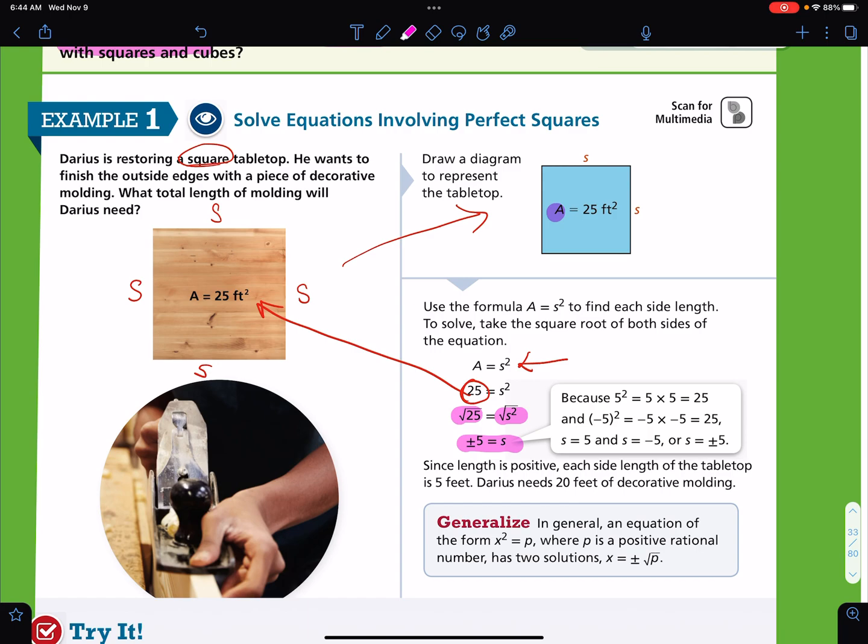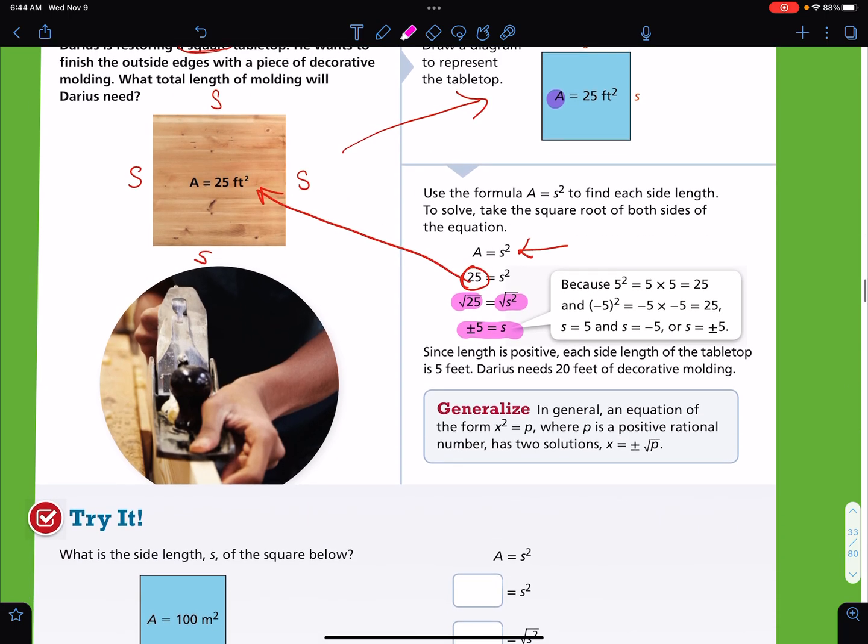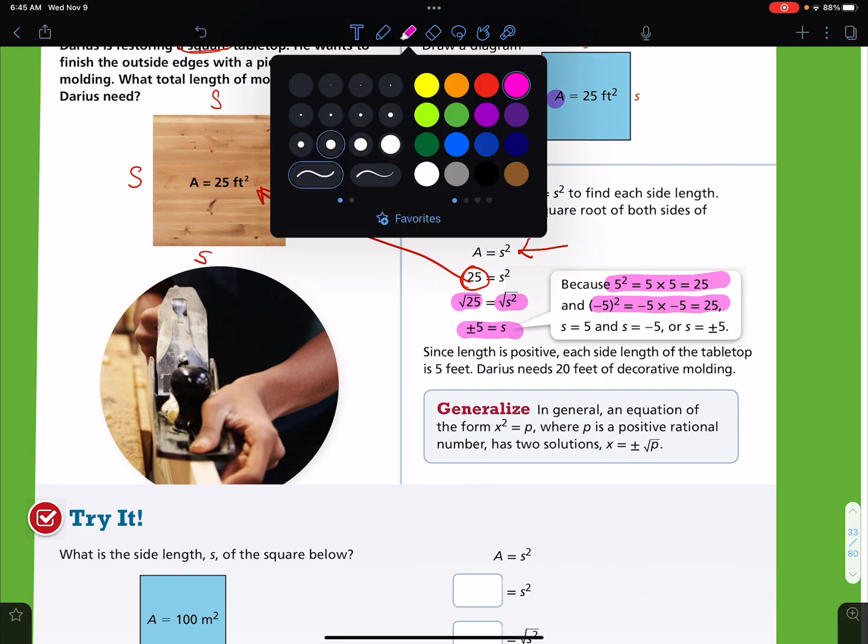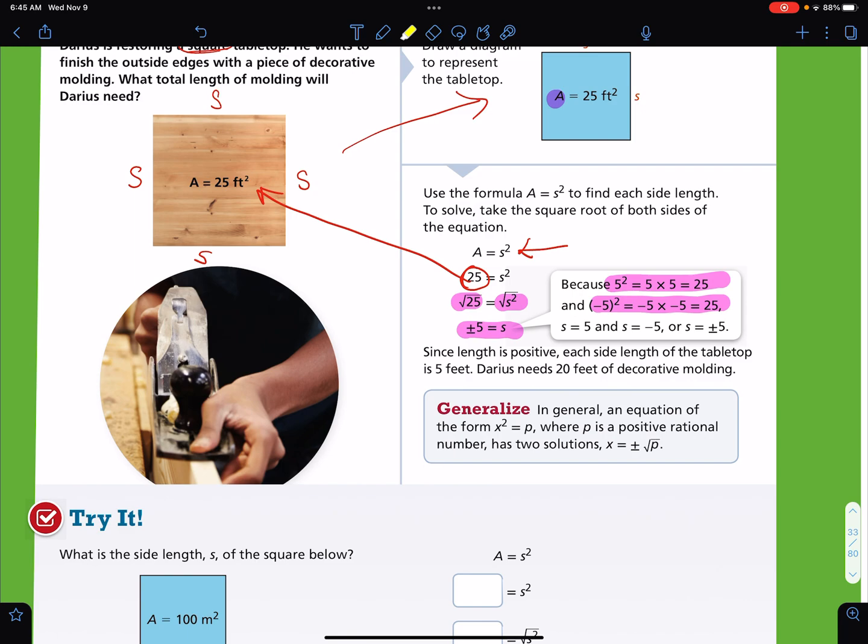Now, we have discussed why it's positive and negative: a negative times a negative will equal a positive, and a positive times a positive will equal a positive. But since we are talking about a side, I knew that it needed to be positive.